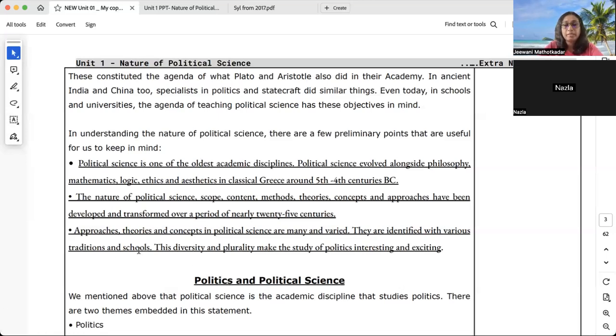Okay, write down. Political science is one of the oldest academic disciplines.